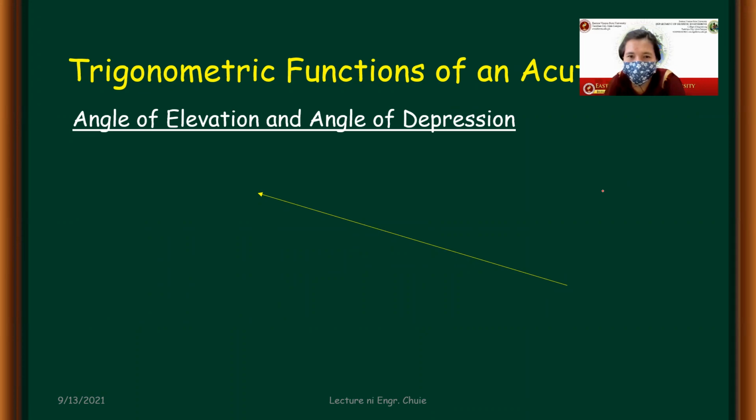So this topic is quite very simple, but for the Geodetic Engineering Board exam, I think out of 100 questions, the angle of elevation and angle of depression cost around 30 items during my time when I took the board exam. So most of the mathematics questions on the board exam for the GE is more on trigonometry.